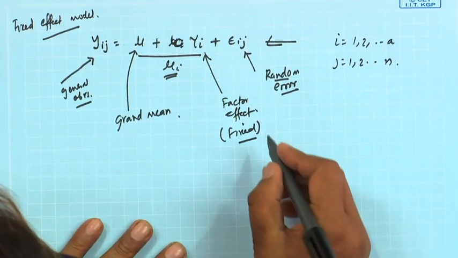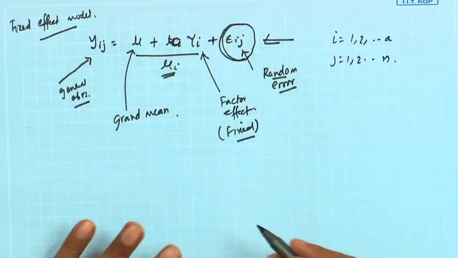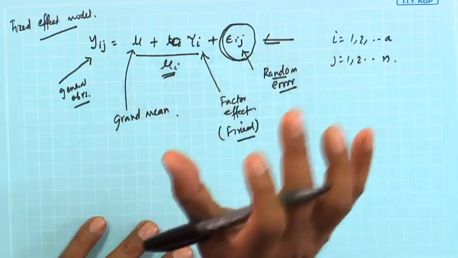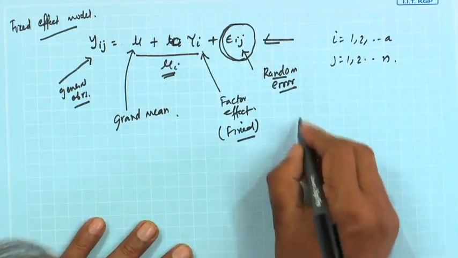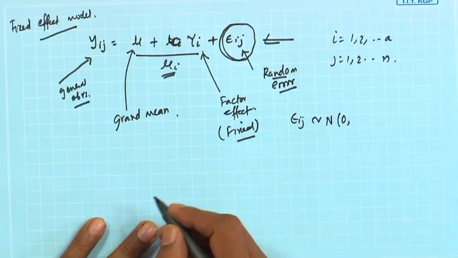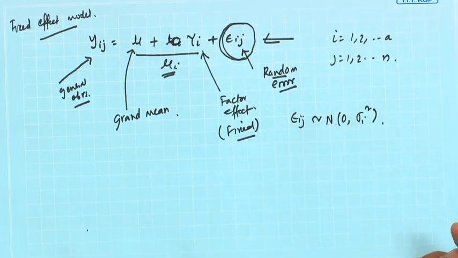Okay. So, here a very important concept is the random error. This random error has a certain distribution. So, epsilon i j will be normally distributed with 0 mean and sigma i squared variability.